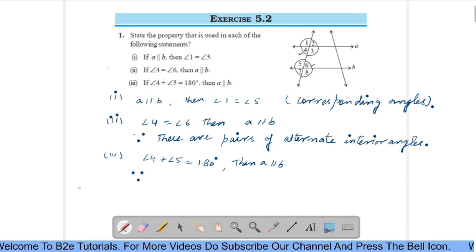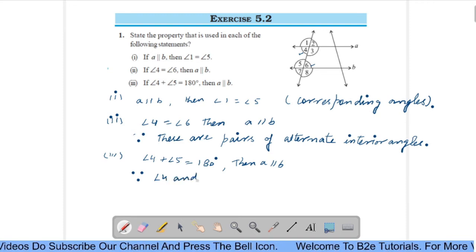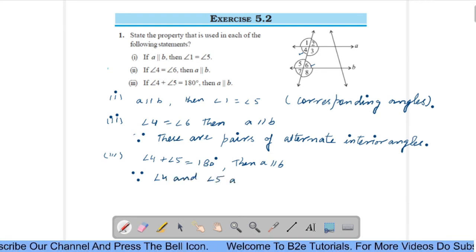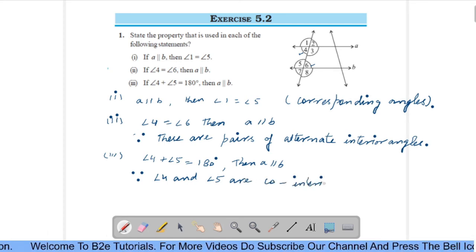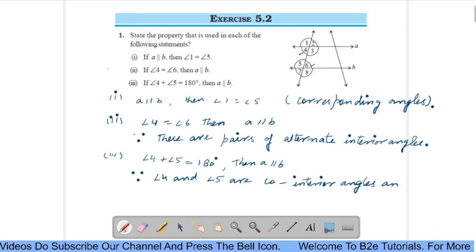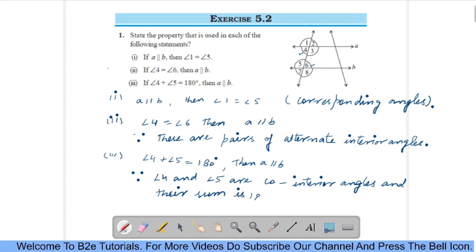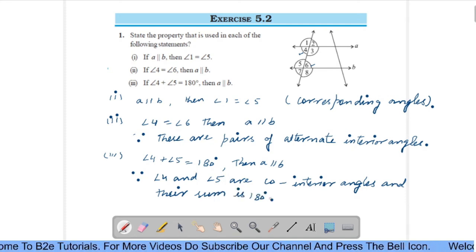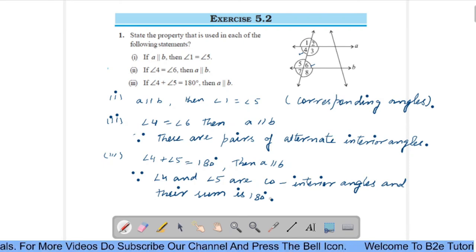Here angle 4 and angle 5 are co-interior angles and their sum is 180 degrees. Therefore, A is parallel to B.